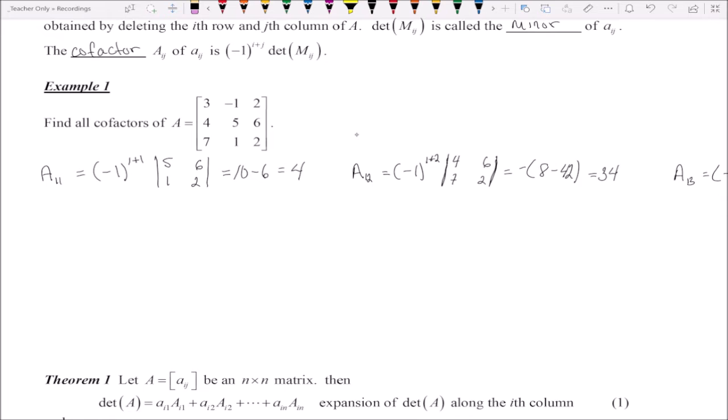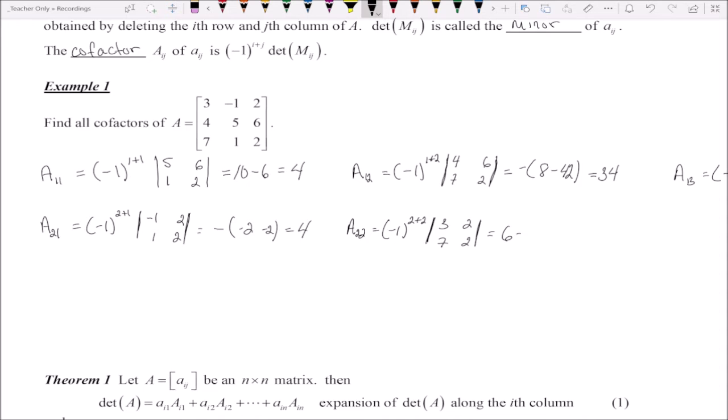Right, and we want to do the same thing now for the next 2 rows. Right, so A21, (-1) to the 2 plus 1 times the determinant of -1, 2, then 1, 2. Right, so -2 minus 2, we get +4. A22 is (-1) to the 2 plus 2 times the determinant 3, 2, 7, 2.